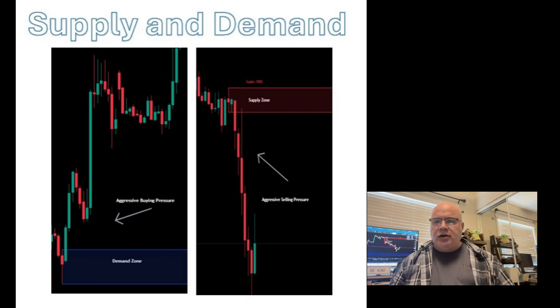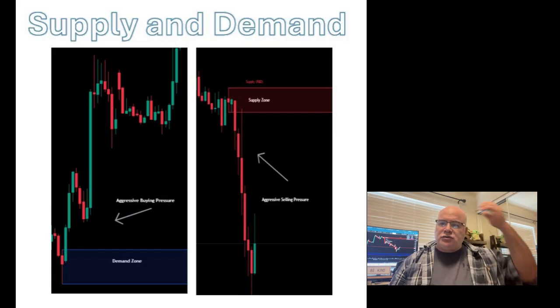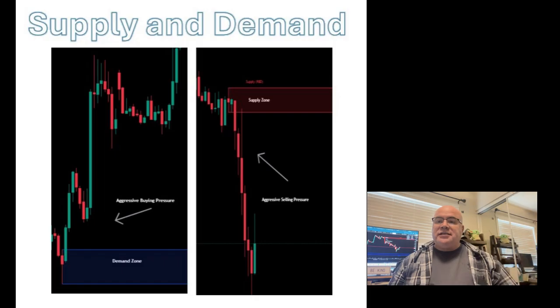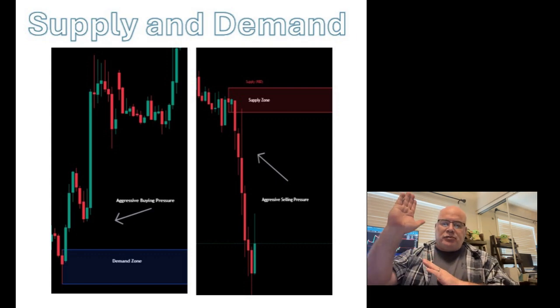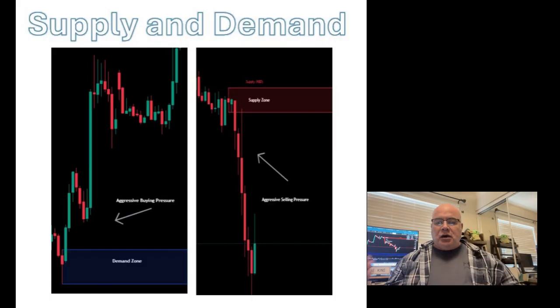What are supply and demand zones? Let's take a minute here and dive into this, okay? When we're doing technical analysis or looking at the charts, there are areas of significant imbalance where you see these big candles that have occurred. So here's what a demand zone is. A demand zone is a price area where buyers have taken complete control, causing price to shoot up, or rocket upward.